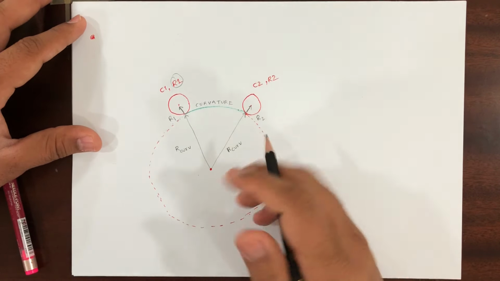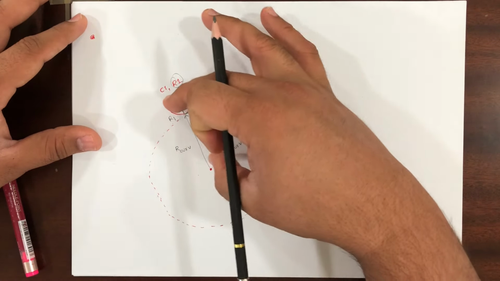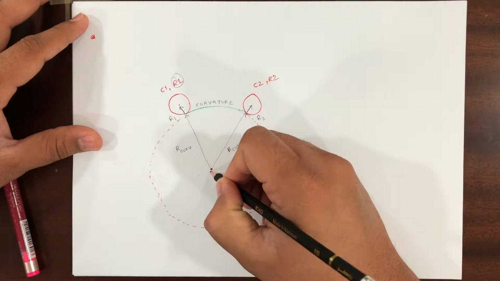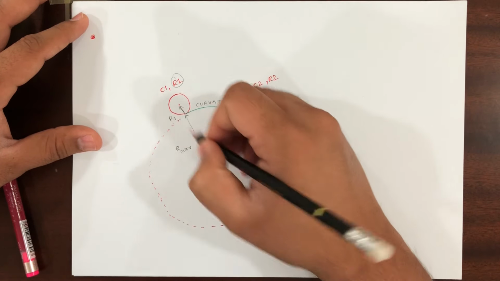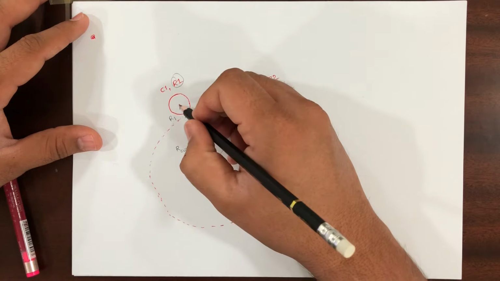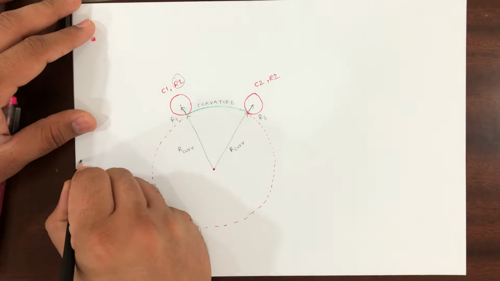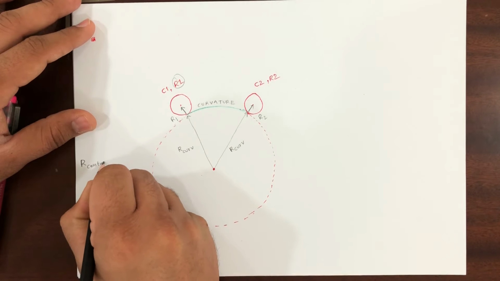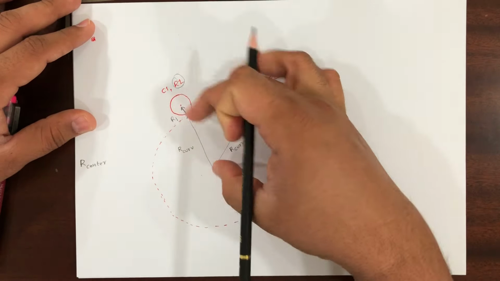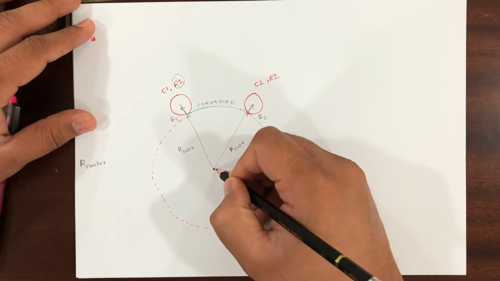Now if we want the center distance, from this center to this center, that distance is known as R center.